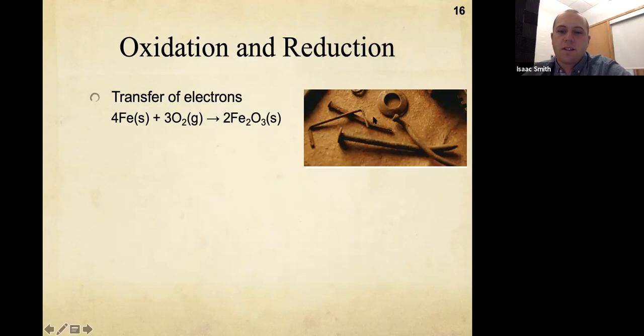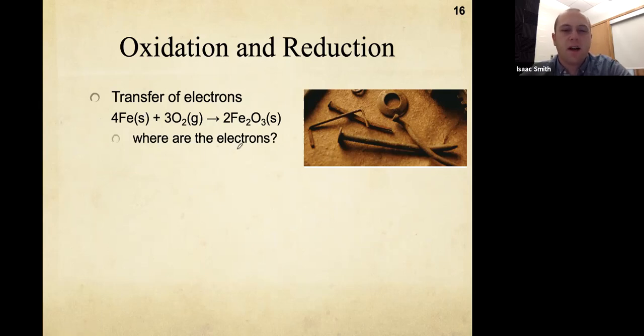So nails and certain tools and stuff like that, a lot of stuff is made out of iron. So iron can gain oxygens and it becomes iron oxide. And this is the rust that you see, right? This is rust color. Okay.